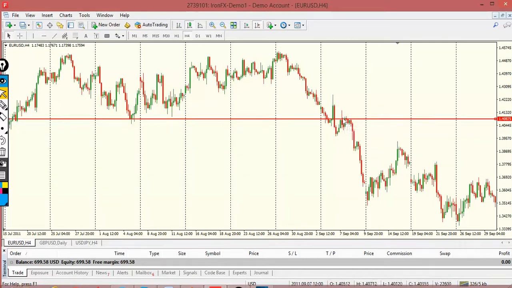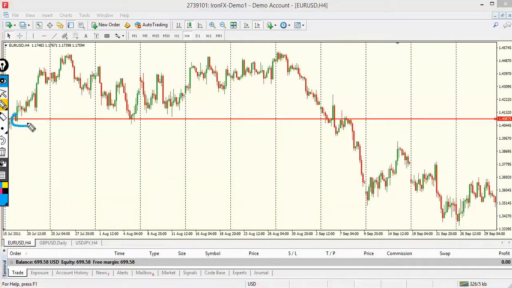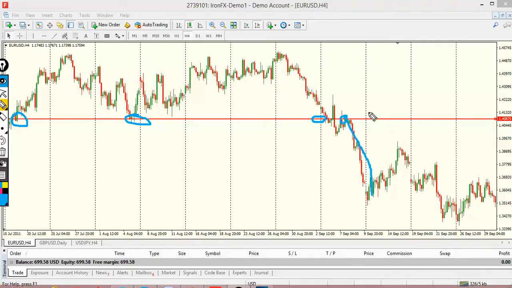So you see, it tested it, then see what happened. The market found support even here, but once we broke it, it now became resistance. And see where the market has come.